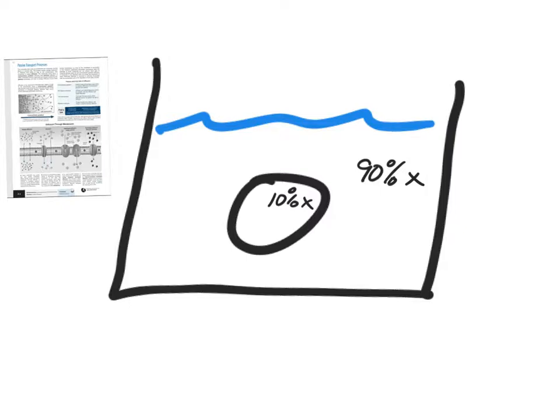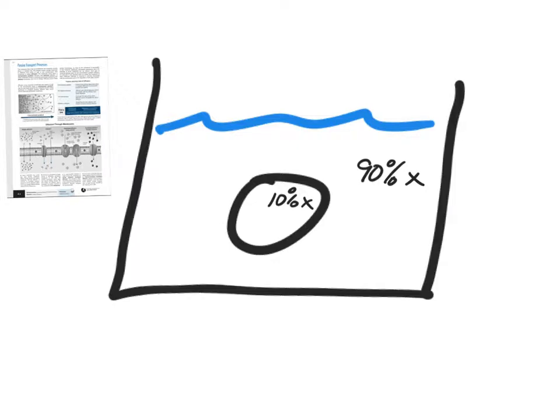What's going to happen? Well, it's dissolved. You have 90% outside, 10% inside. Things move in what direction, in or out? Make a choice. Because 90% is more.